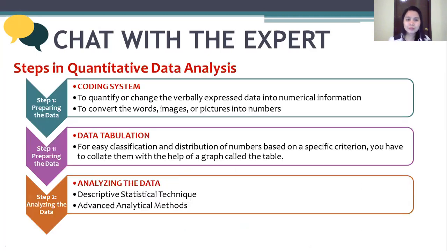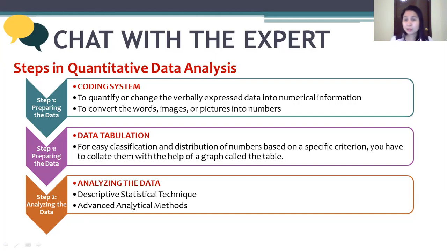Next, the last one is analyzing the data. There are 2 ways to analyze the data, or should I say, there are 2 types of statistics, descriptive and inferential. If you say descriptive statistics, we simply describe the data. Example, what is the sleep quality index of students?